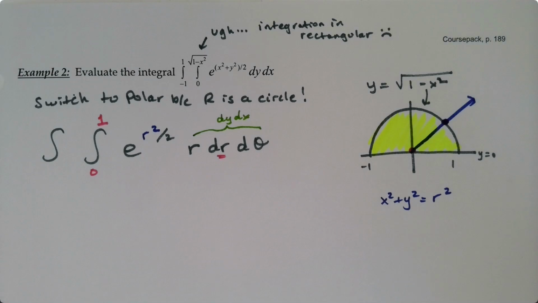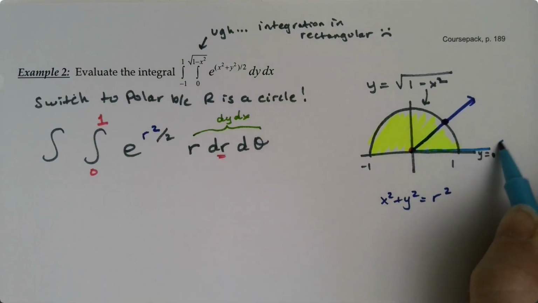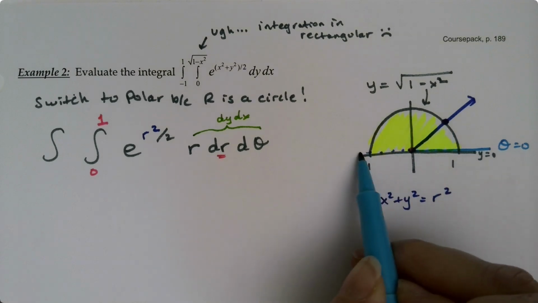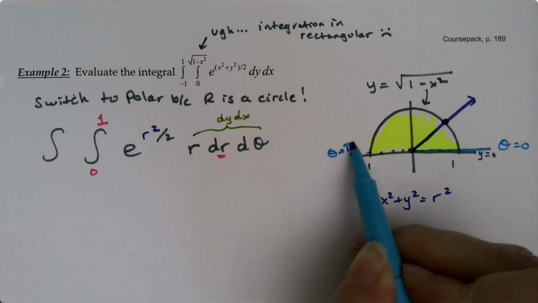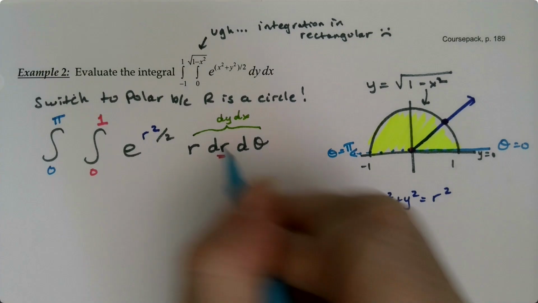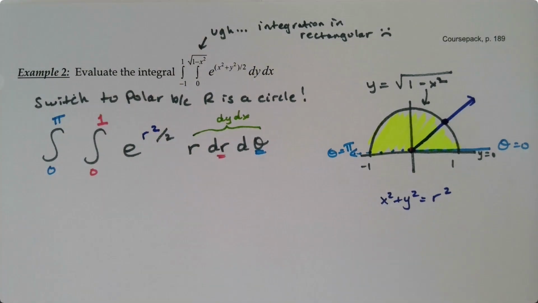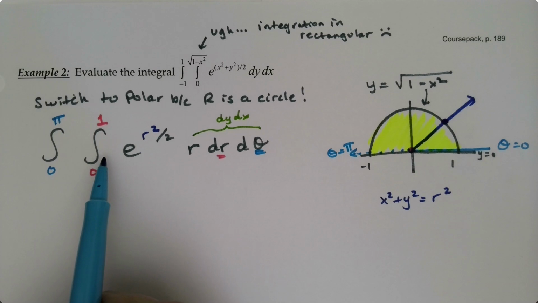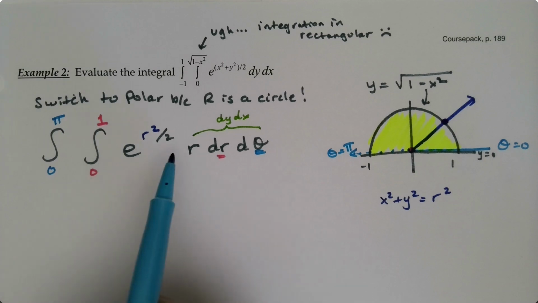Theta starts over here at theta equals 0 and goes all the way around to theta equals pi. So we're going to go 0 to pi here for d theta. Now, these are all numbers, so for all intents and purposes, we can put them in whatever order we like.